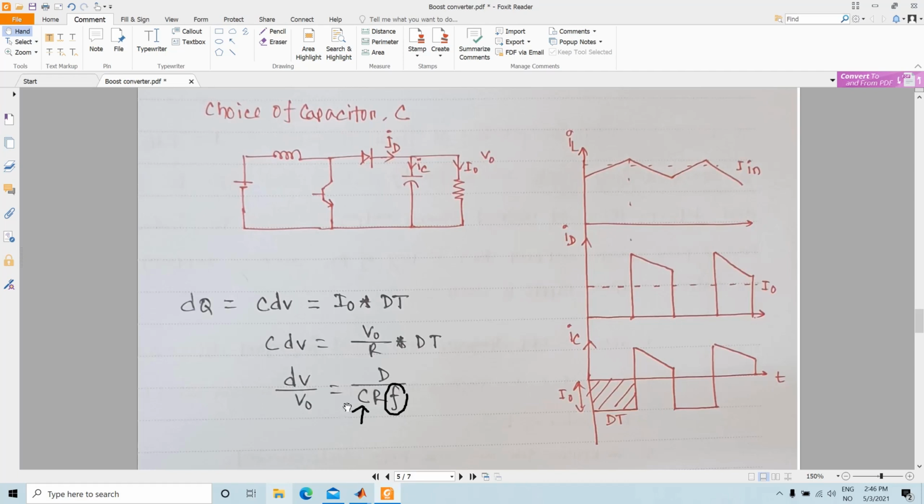And these capacitor values normally don't come in integer values. You will have certain specific values, maybe 220 microfarad, and then the next step is 330 microfarad. So for example, if you calculate and find that your capacitor value is 250 microfarad, the next available option is probably 330 microfarad. So you have to go to the next available option.